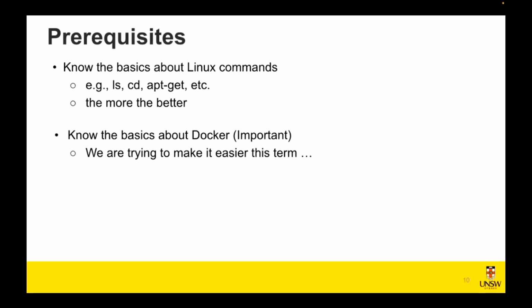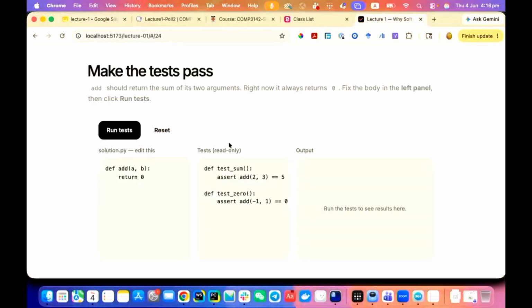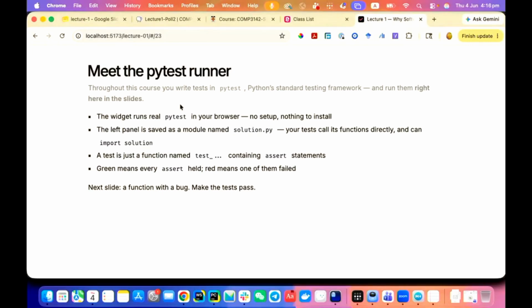So we are trying to make it easier this term by moving everything to the web. I can show you something that I planned to do but have not finished. This is a website hosted locally on my laptop, and these are the lecture slides I was trying to build for this term, but unfortunately I didn't finish.